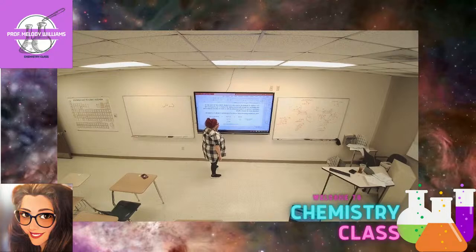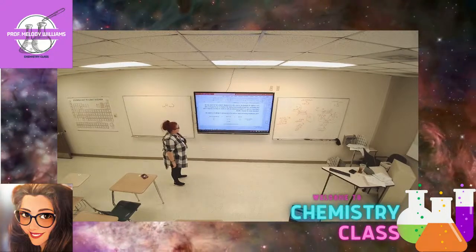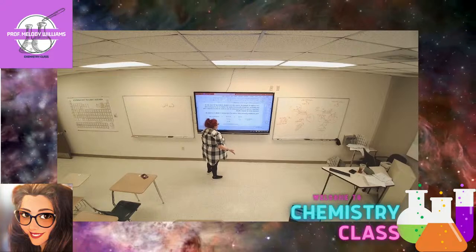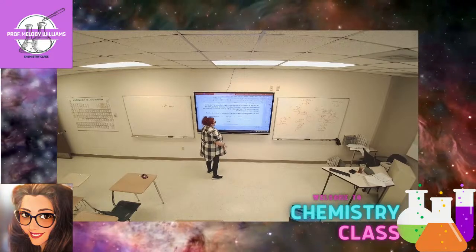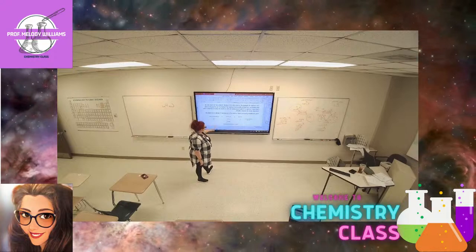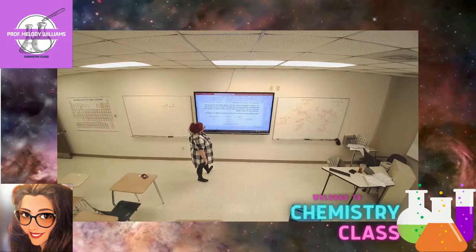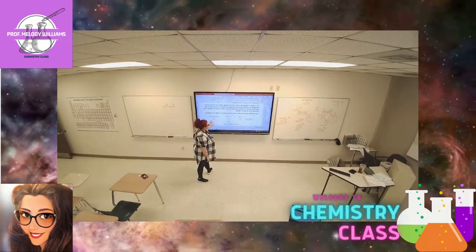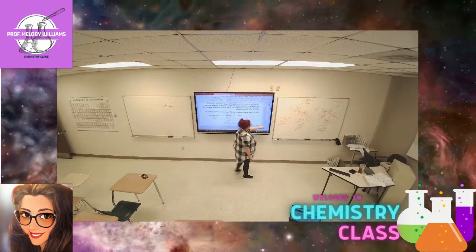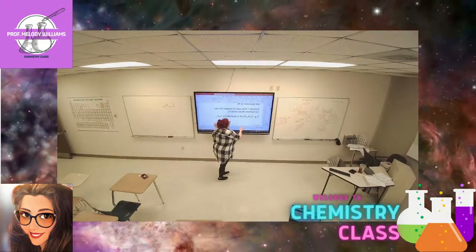So here, we've got possible C4H6. So we've got 2 rings, or we've got 2 pi bonds, or 1 ring and 1 pi bond.